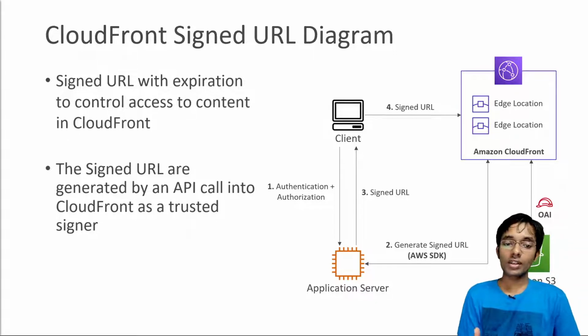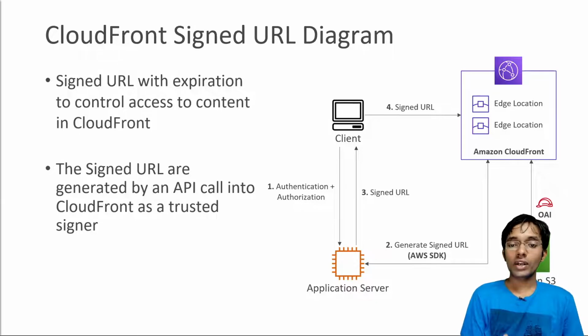So how do we generate these signed URLs? Well, we need to create a special application server, and the application server has the responsibility to create these signed URLs, and this application server is trusted by CloudFront to create them. So the client is going to authenticate and get authorization to request a signed URL from the application server. So there is a bit of custom code here.